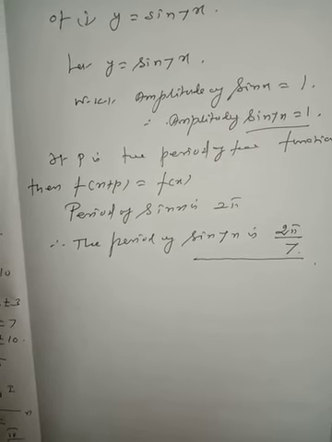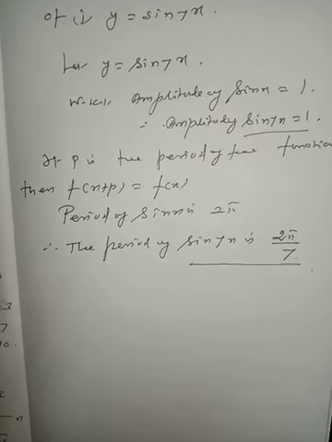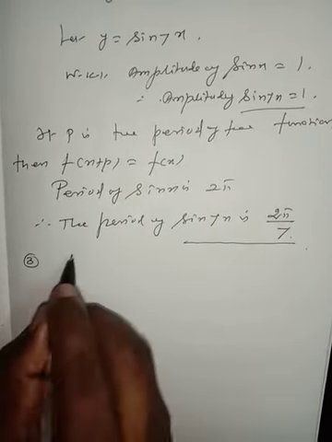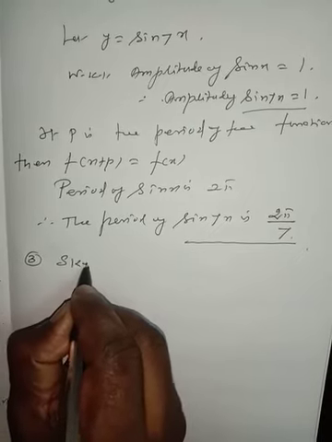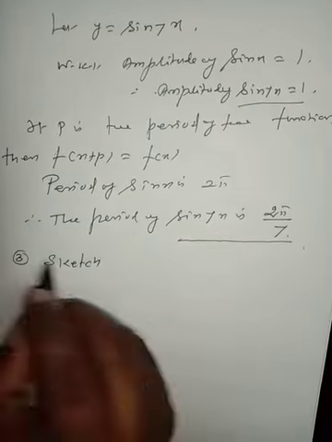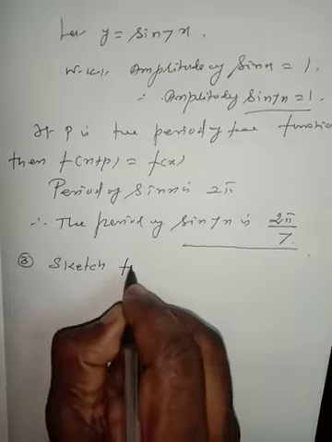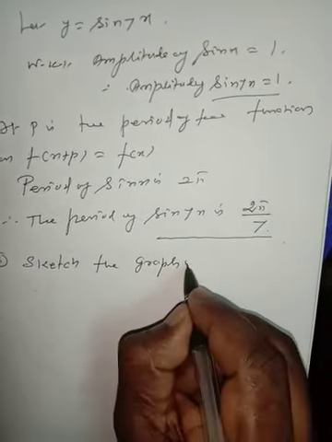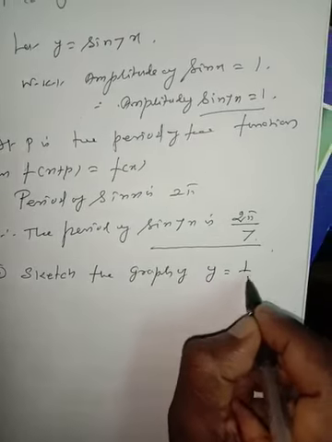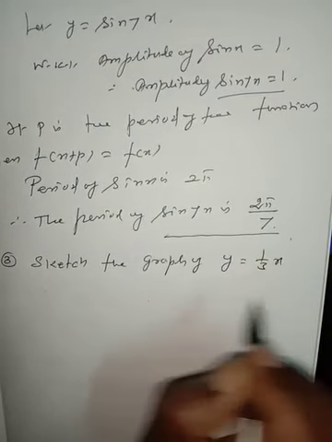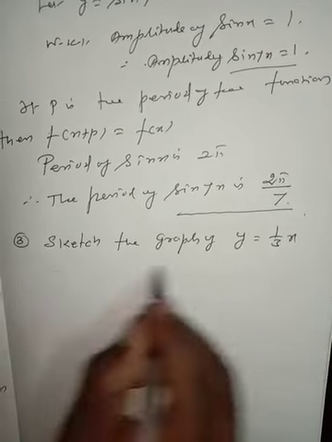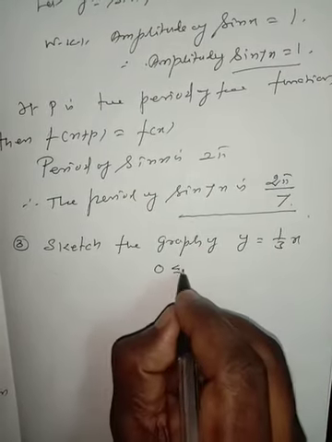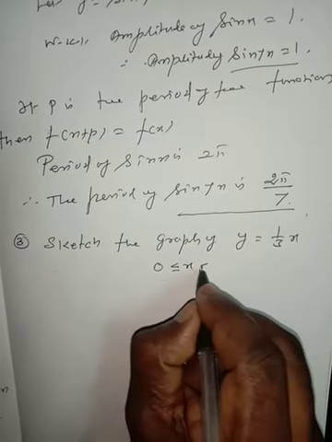Question number 3. Sketch the graph of y is equal to sin (1 by 3) x, where x ranges from 0 less than or equal to x less than or equal to 6 pi.